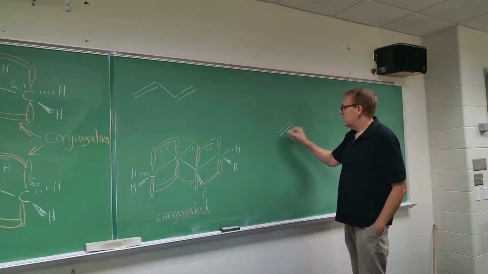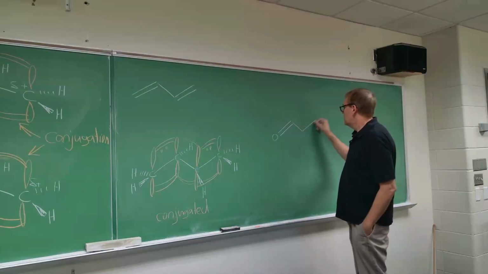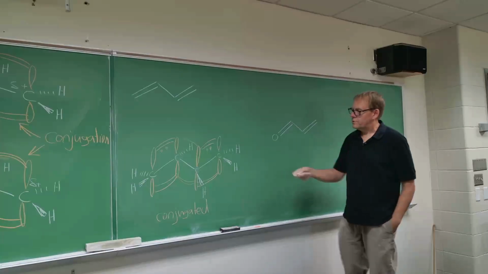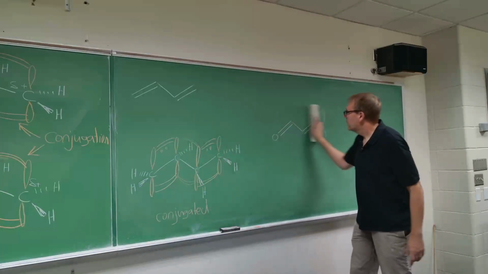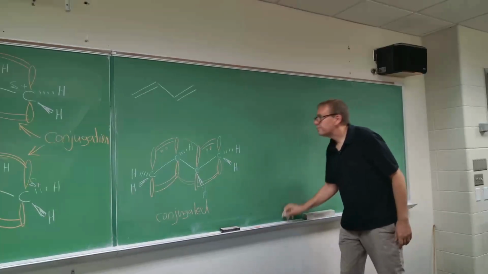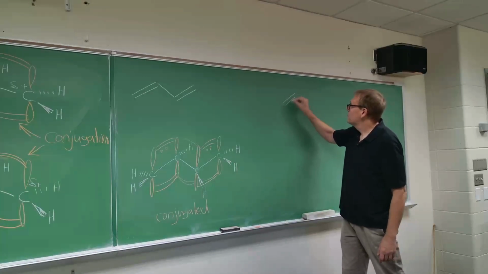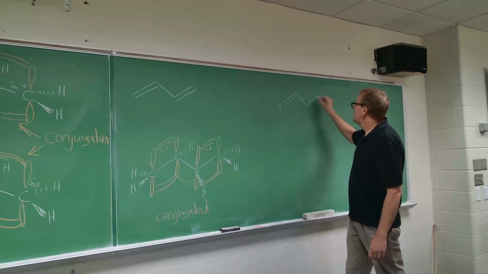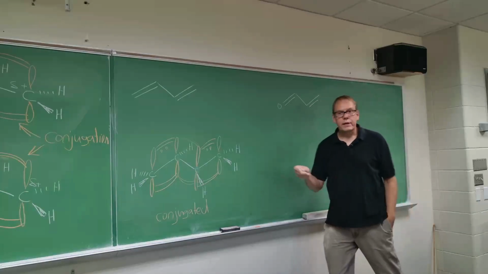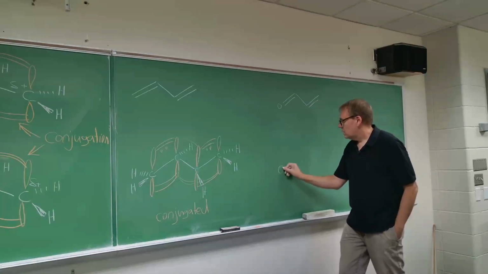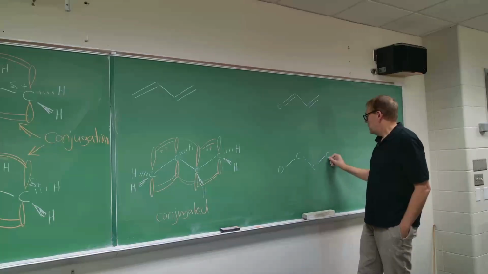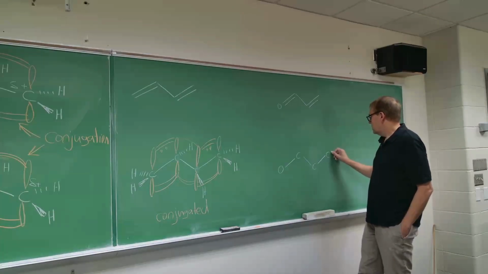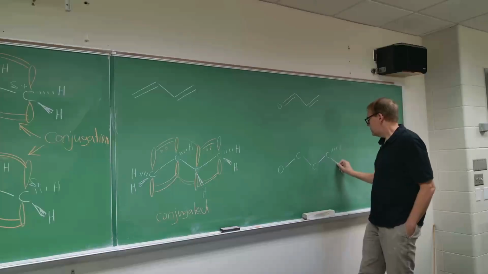So here's a conjugated aldehyde, which is very similar to this example I'm showing over here. I think I'm going to draw this up a little higher. And if I draw the molecular orbital picture of this molecule, I'll draw in the atoms, and I'll draw in the hydrogens.